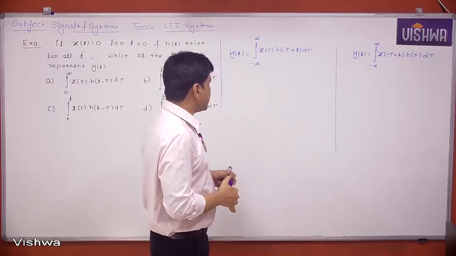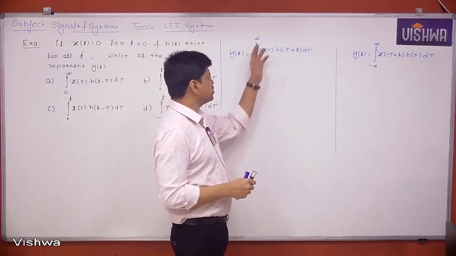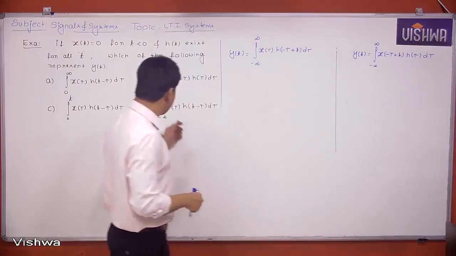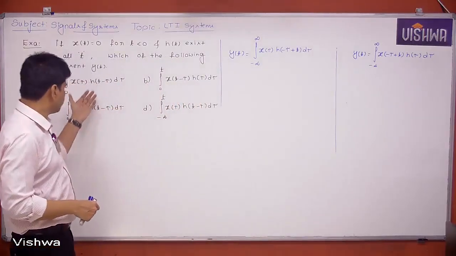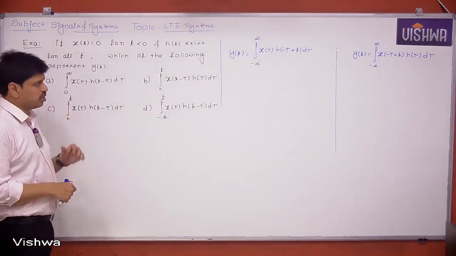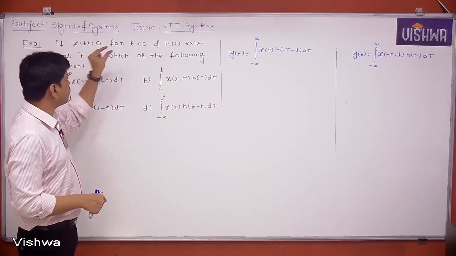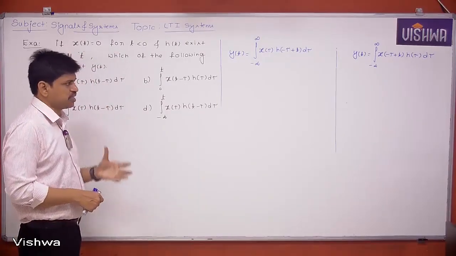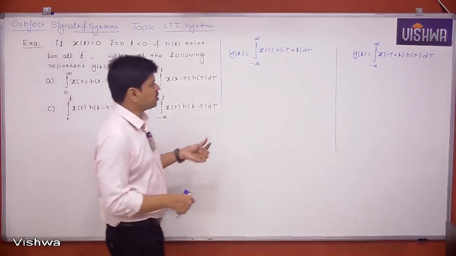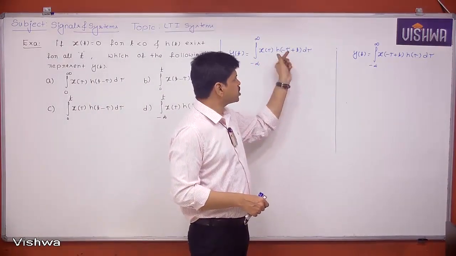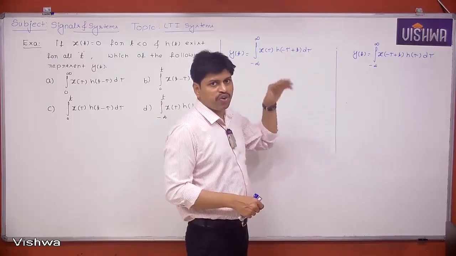Here the actual integral limits are minus infinity to infinity. This is actually true, but instead they have given different limits of integration. So we have to see where x of t exists and where h of t exists, that is, where x of tau exists and where h of minus tau plus t exists. Where is the intersection?